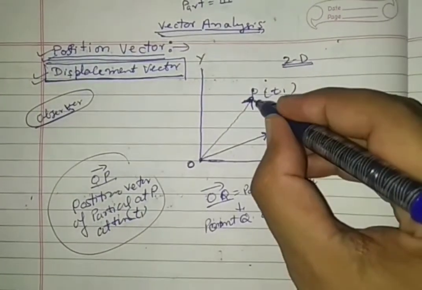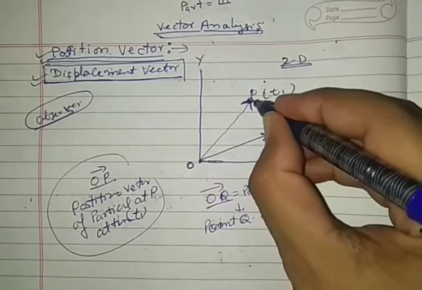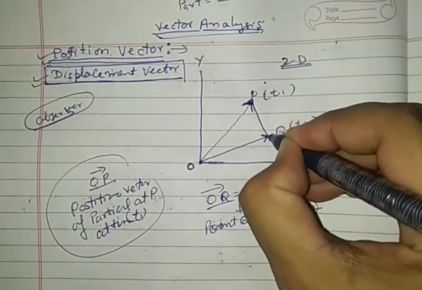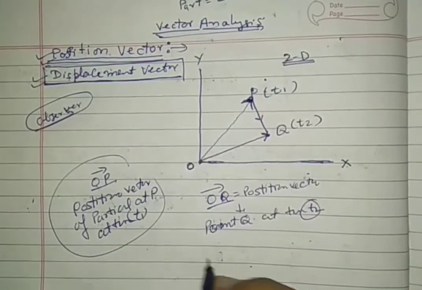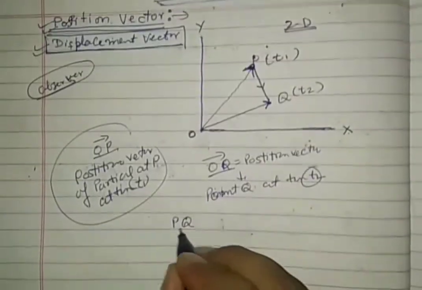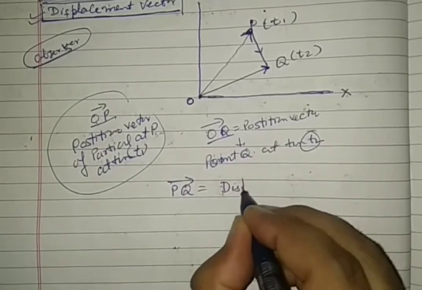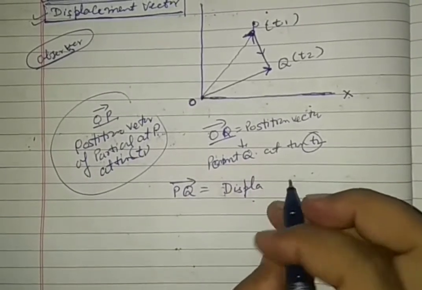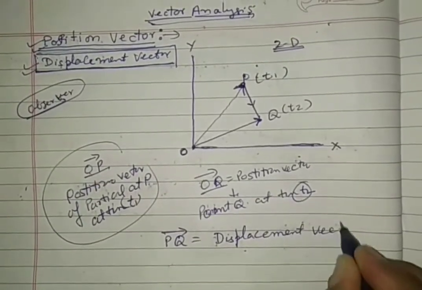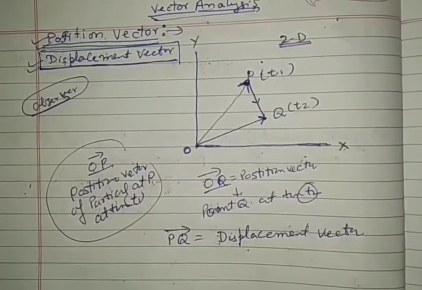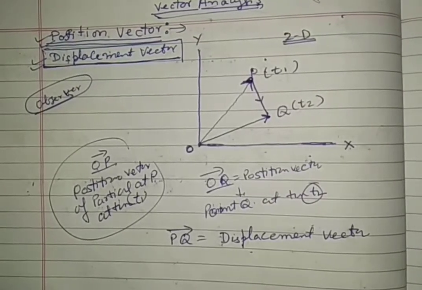Now if its position changes from P to Q, join P to Q. The particle is shifted from P to Q. So vector PQ is called the displacement vector. It is very clear here.